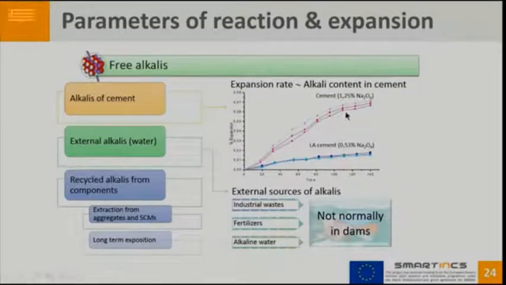These are experimental lab tests, and when we use 1.25% of sodium oxide equivalent, we have a lot of expansion, while when we use, with the same aggregate, low alkali cement, the expansion is clearly reduced.